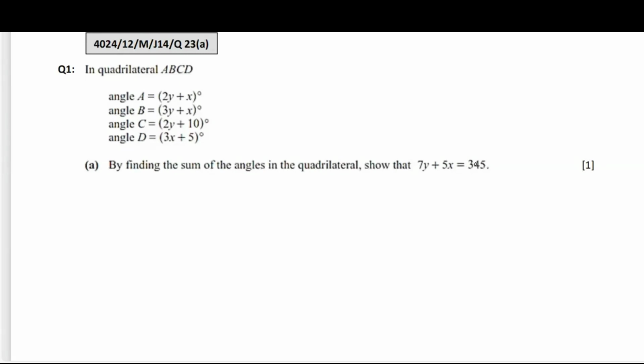So before solving this question, you should know what is quadrilateral. Basically, a quadrilateral is a four-sided figure like square, rectangle, kite, trapezium.